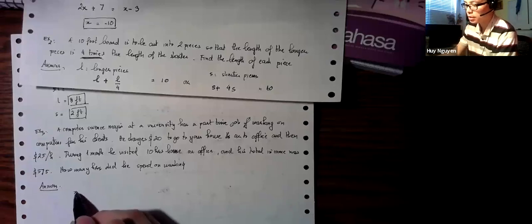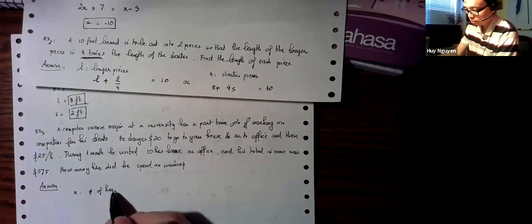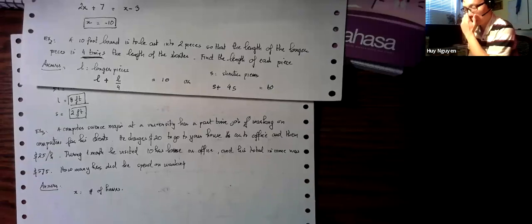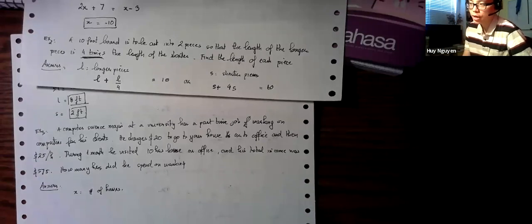So let me call X the number of hours. He charged $25 an hour. So if he worked 2 hours, it would be 50, right? 3 hours would be 3 times 25, right?